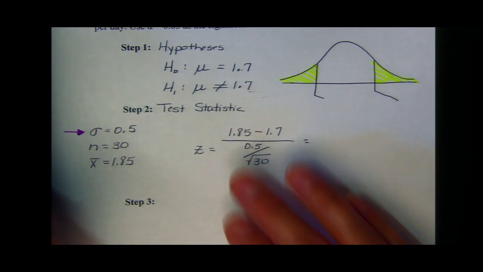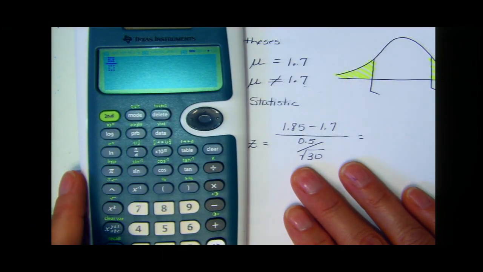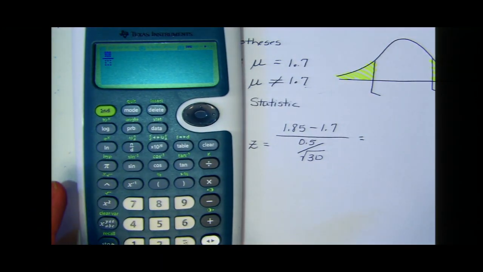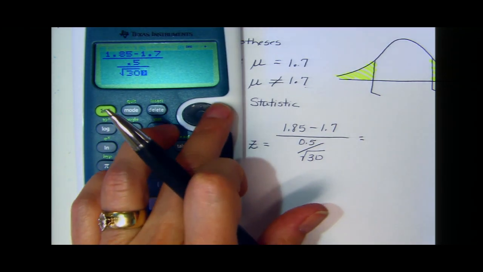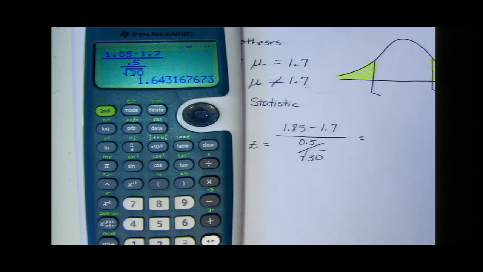So let me do it up here. I have it calculated and I was just going to confirm, but I'm going to go ahead and do it. 1.85 minus 1.7. Denominator is another fraction of 0.5, square root of 30, 1.64.